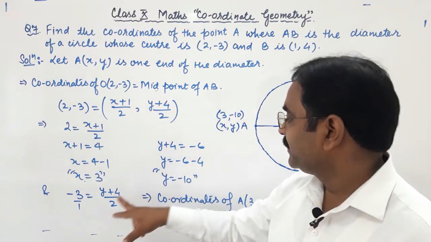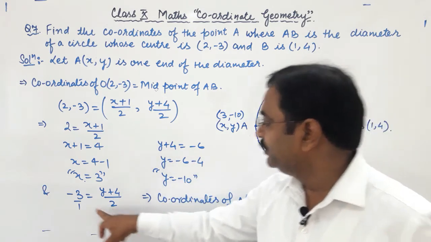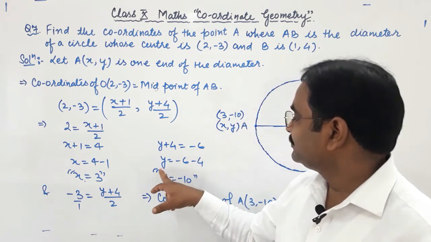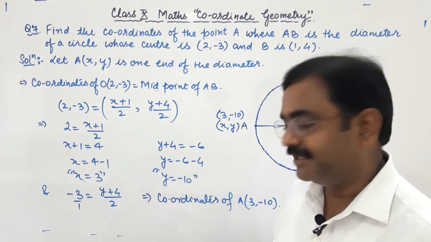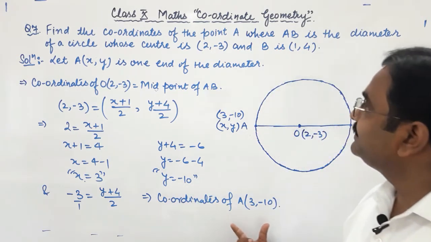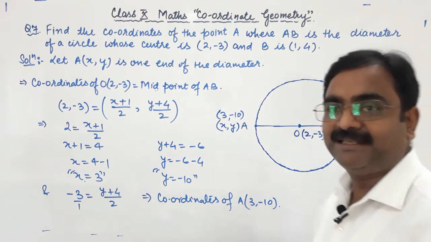After cross multiplying, you will get y plus 4 is equals to 3 2s are 6 minus 6. So, y is equals to minus 6 minus 4, that is y is equals to minus 10. So, it is our required answer. The coordinates of point A is (3, minus 10).